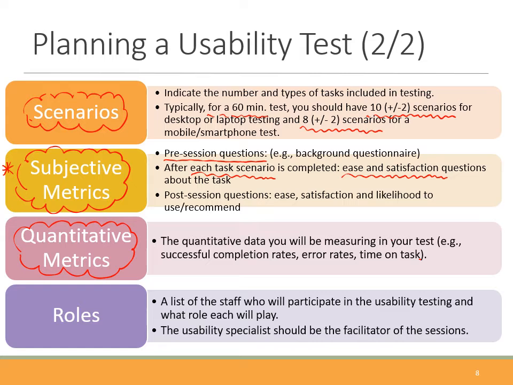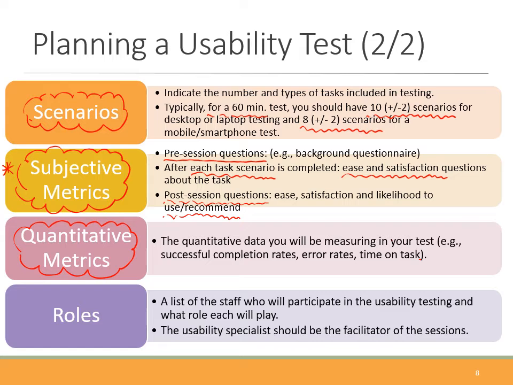And another kind of post-session questions could be the overall satisfaction, the overall ease of use of the system, and the likelihood of the user whether he or she will recommend and will continue to use the system or not. If suppose we deploy and deliver the system, his or her opinion about continuing to use the system could be recorded and surveyed.